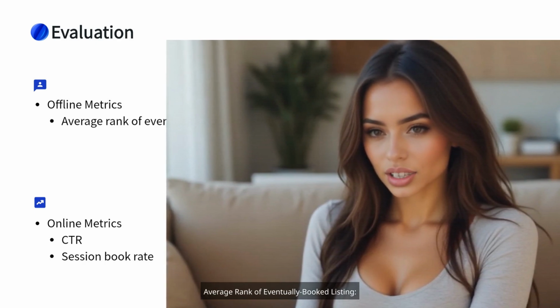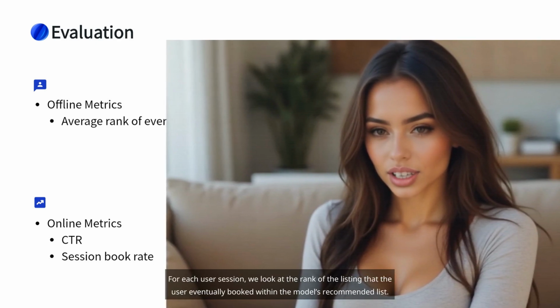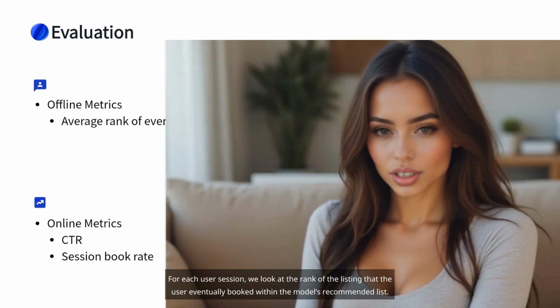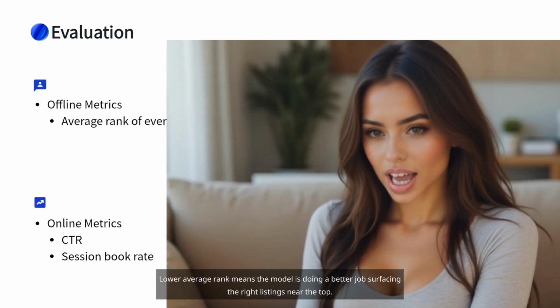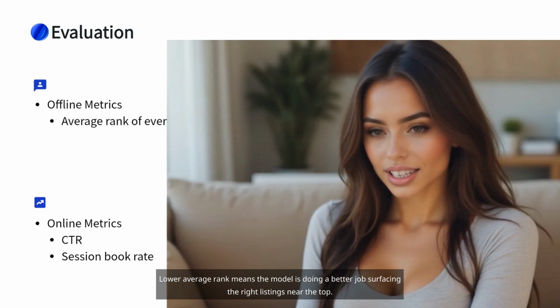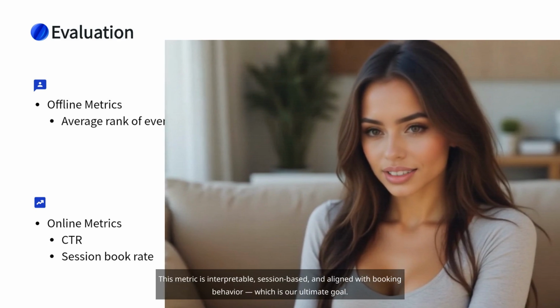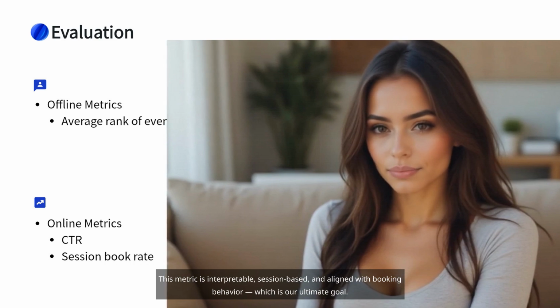Average rank of eventually booked listing: for each user session, we look at the rank of the listing that the user eventually booked within the model's recommended list. Lower average rank means the model is doing a better job surfacing the right listings near the top. This metric is interpretable, session-based, and aligned with booking behavior, which is our ultimate goal.